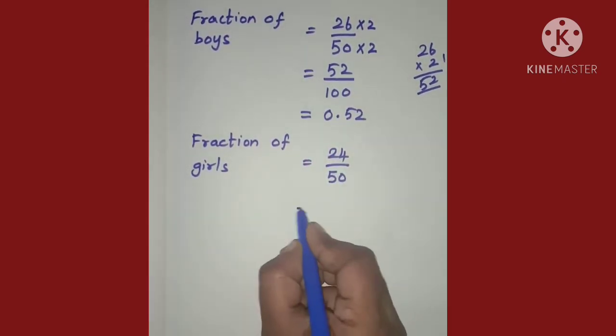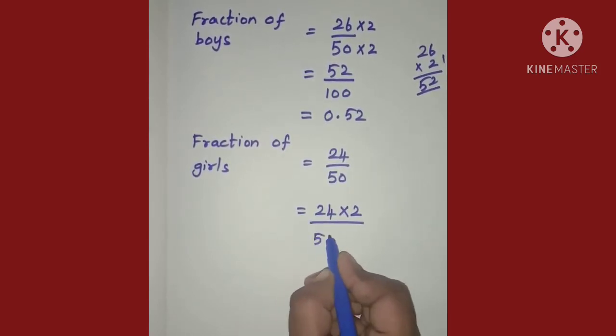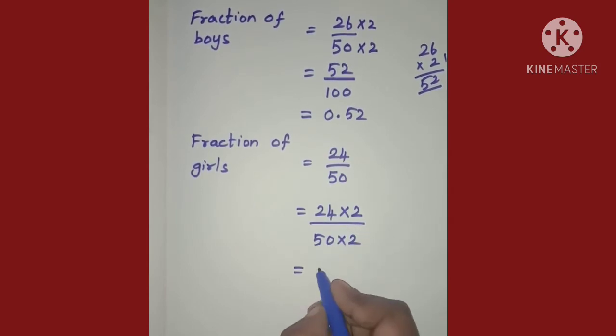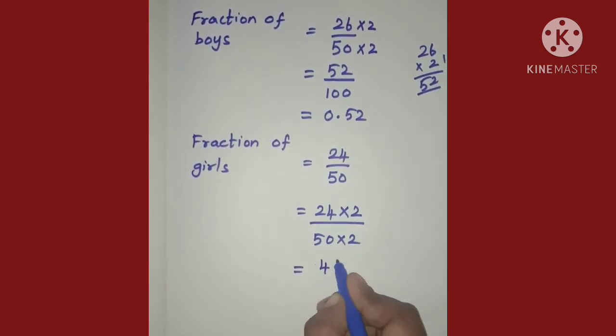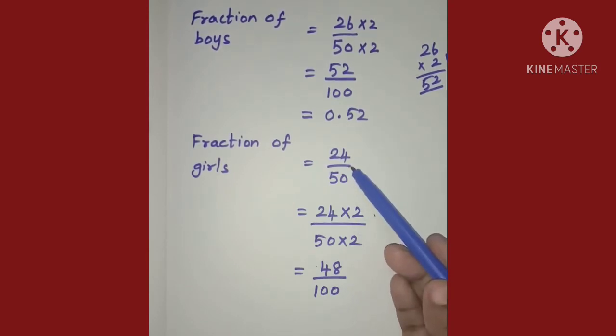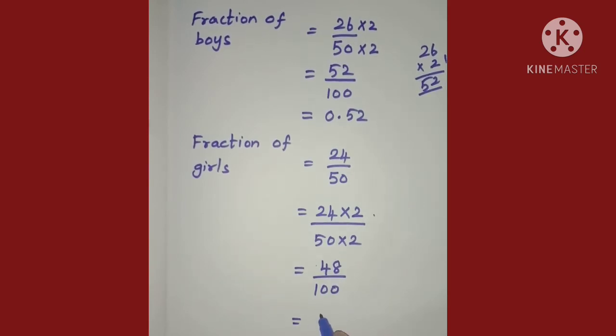And similarly for 24, we can multiply and divide the numerator and denominator by 2. 24 into 2 is 48 and 50 into 2 is 100. So 48 by 100, which is the equivalent fraction of 24 by 50 with the denominator 100. So now we can change 48 by 100 as 0.48.